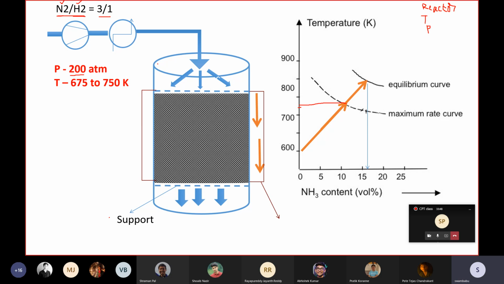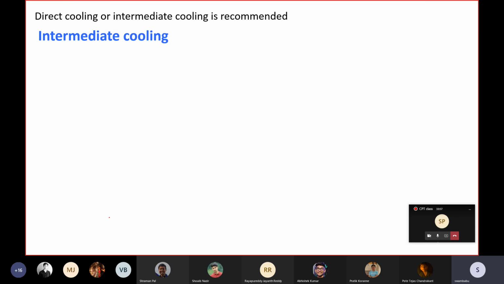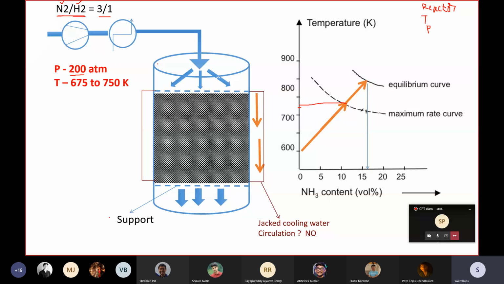So with a jacketed vessel like this, cooling water circulation is not practically possible. From this graph, we can understand that we need to cool, but jacketed cooling water circulation will not work because this is a huge packed bed reactor.